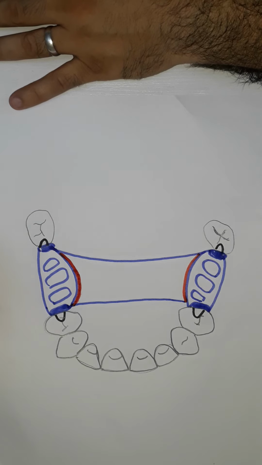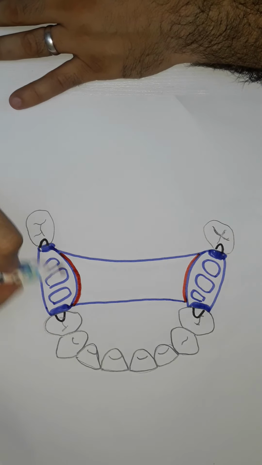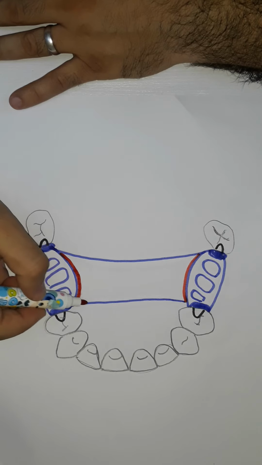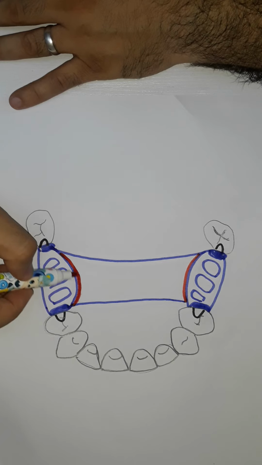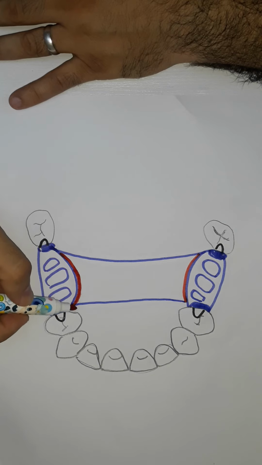The best place of the finishing line in the upper arch is 2 mm away from the palatal aspect of the posterior teeth. So neither very close nor very far. So this is the typical position or location of the finishing line.